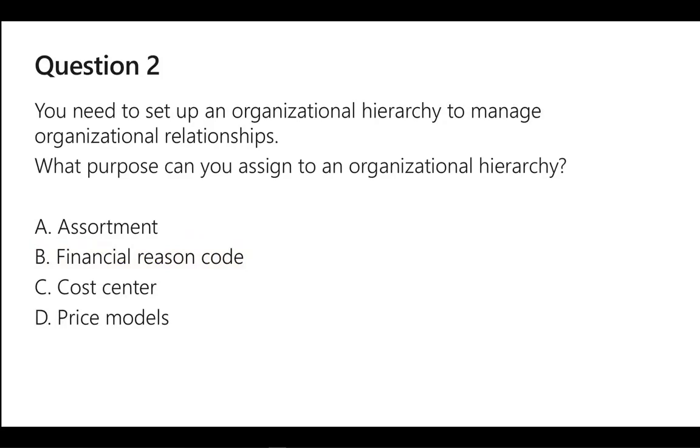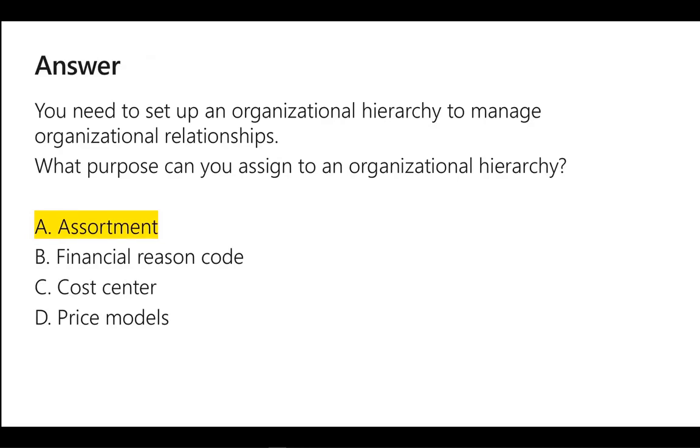Question 2. You need to set up an organizational hierarchy to manage organizational relationships. What purpose can you assign to an organization hierarchy? A. Assortment. B. Financial reason code. C. Cost center. D. Price models. The correct answer is A, Assortment.